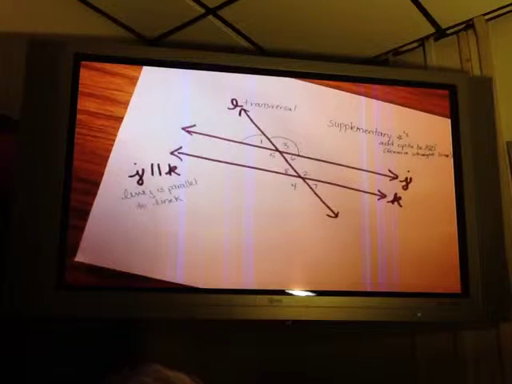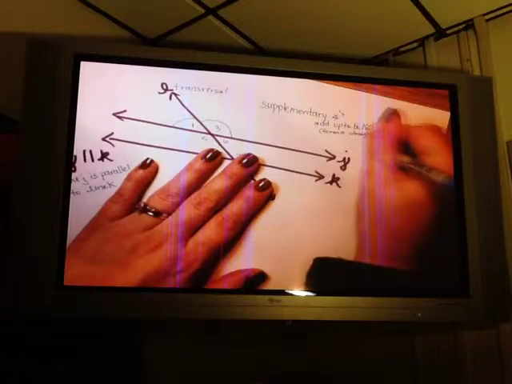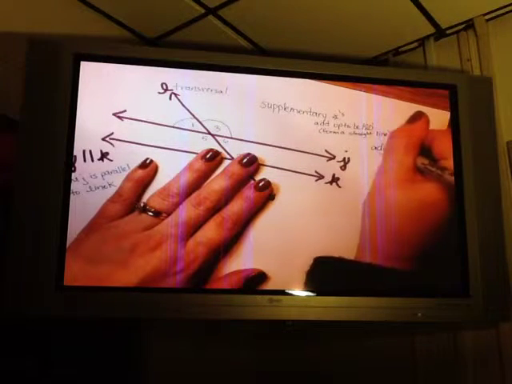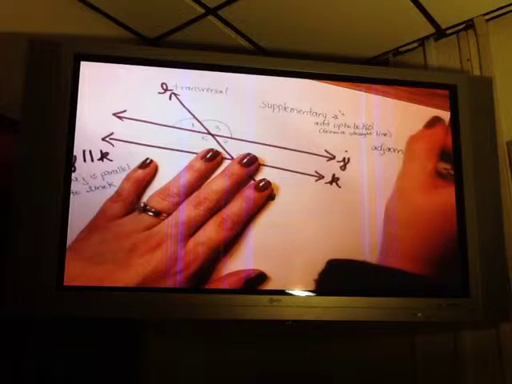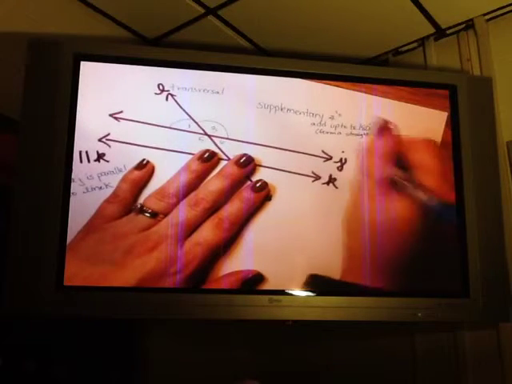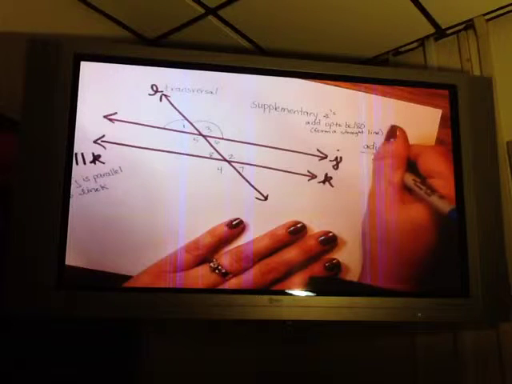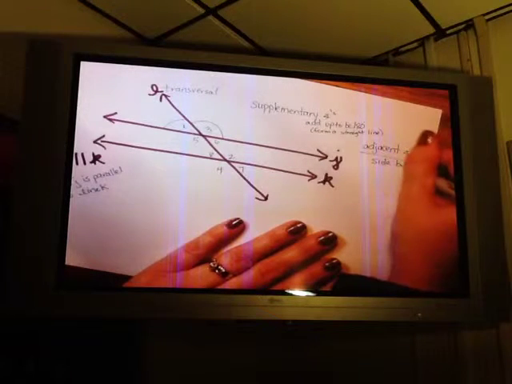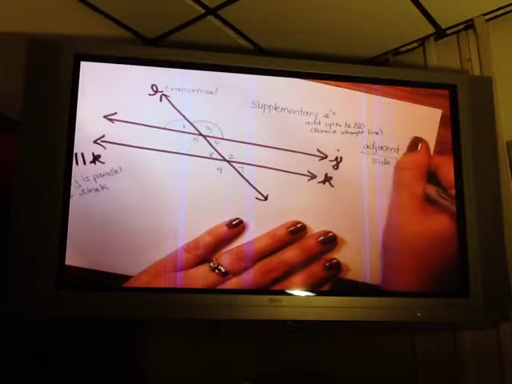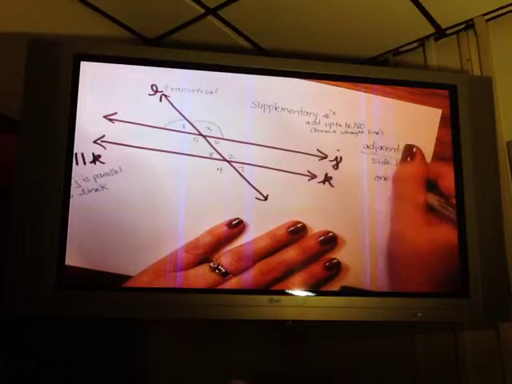Okay, so we've talked about supplementary. What if I say this word? This should be something you know, adjacent. Side by side. Yeah, adjacent angles are angles that are side by side or one in front of the other.